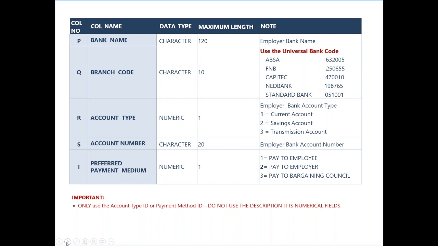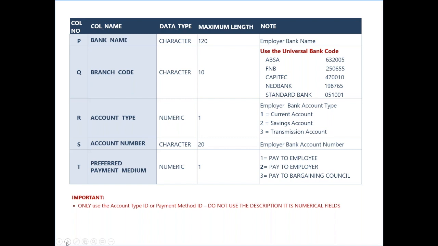Capitec was a very long number, and although the field makes provision for a maximum of 10 characters, they wanted the universal bank code, which is only 6 digits. I did not have time to add all the bank codes, but if you Google it and consult Dr. Google, you'll be able to find the relevant universal bank codes if the bank is not listed on this list.